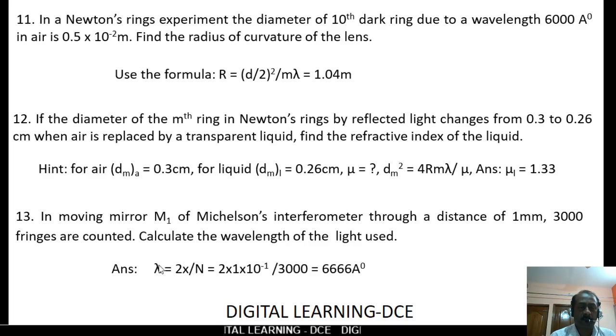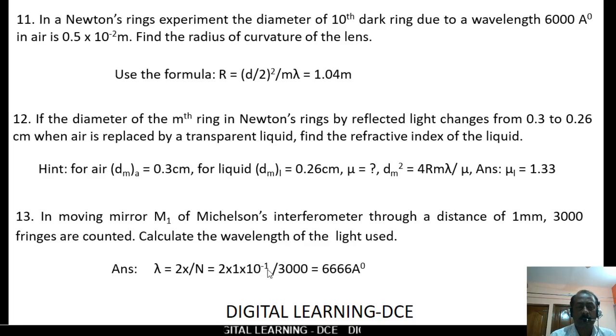The first application, that is lambda equals 2x upon n. Here x is nothing but the distance moved by the mirror M1. X is 1 millimeter. You can convert millimeter into meter, that is 1 into 10 raised to minus 3.